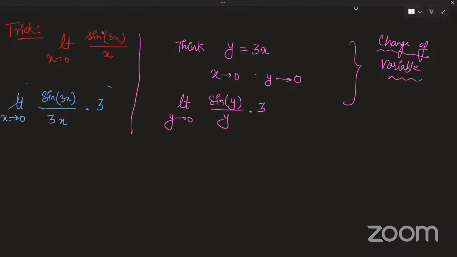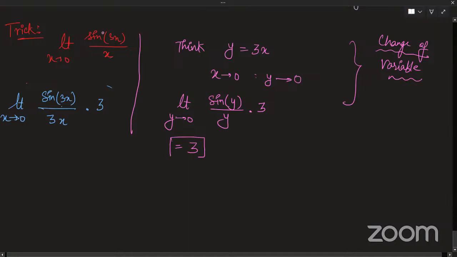Limit y tends to 0, sine y by y multiplied by 3. It is 1 into 3, which is 3. Really simple, we just changed the variable from x to y.